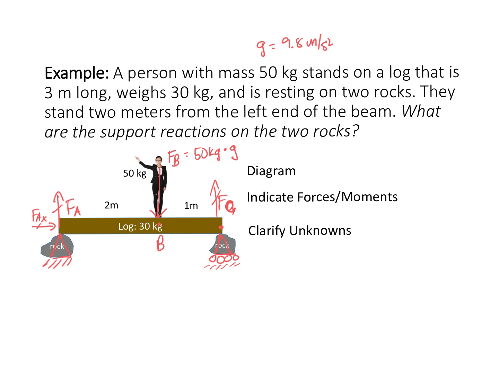And then the last thing we're going to have here is the fact that we have a distributed load across this beam. Now, I can save time here. This beam is uniform, and we're already told what the total force is, which is 30 kilograms times G. So I don't really need to figure out force density.